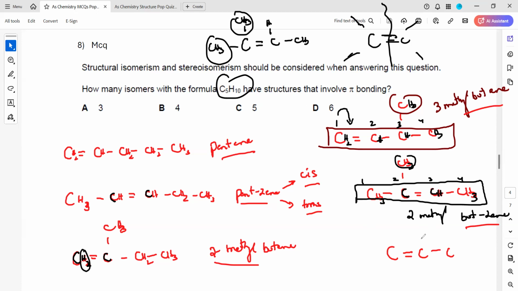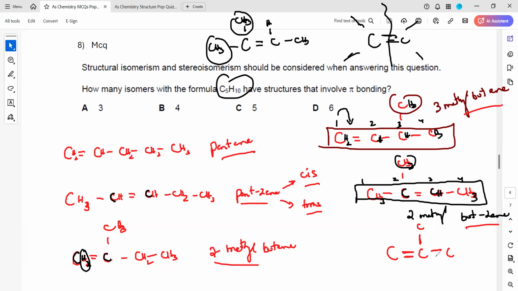Because if I make 3 and I try to make a branch for this, it is the same structure. It does not make any difference, because I cannot make a branch at the center with a double bond. Why can't we make a branch? Look, when I try to make a branch with this one, carbon can form a maximum of 4 bonds. So this is 1, 2, 3, and 4 bonds already formed.